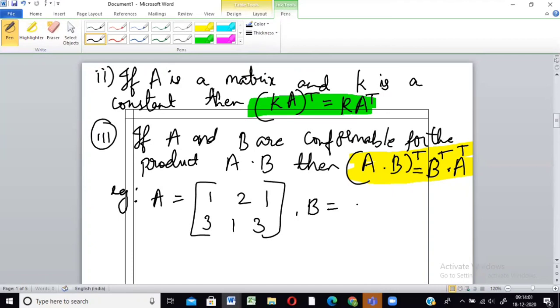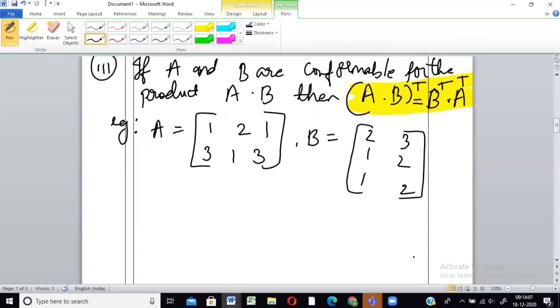And B is like this, 2, 1, 1, 3, 2, 2. So what is the order of A? How many rows? 1, 2. 2 horizontals, 2 rows. 1, 2, 3, 3 verticals, 3 columns. Here we have 3 rows and 2 columns. So of course, the number of columns of the first matrix is equal to the number of rows of the second matrix. So yes, these two matrices can be multiplied.